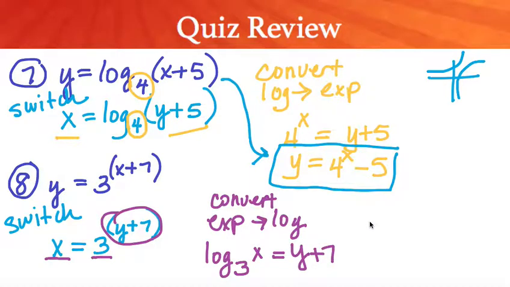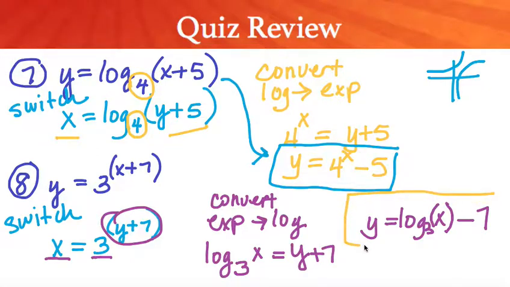Then all I have to do is subtract that 7 over. So I'm going to go log base 3 of x minus 7, where the x is the only part that's in the log. That's your final answer for doing inverses.